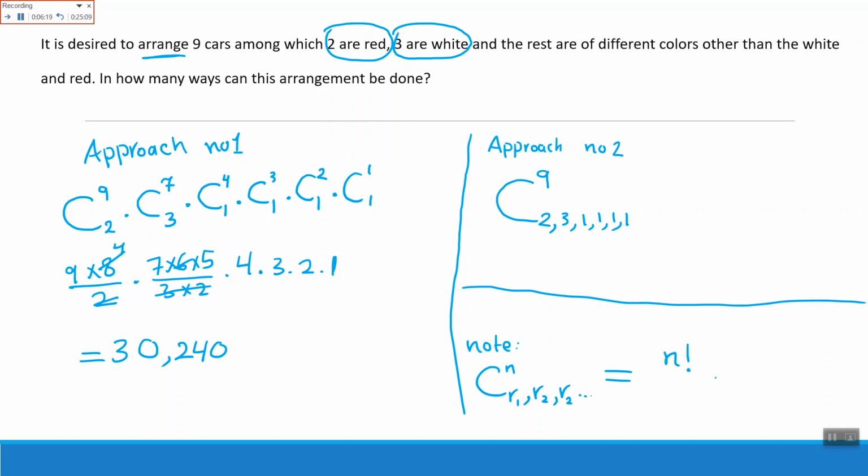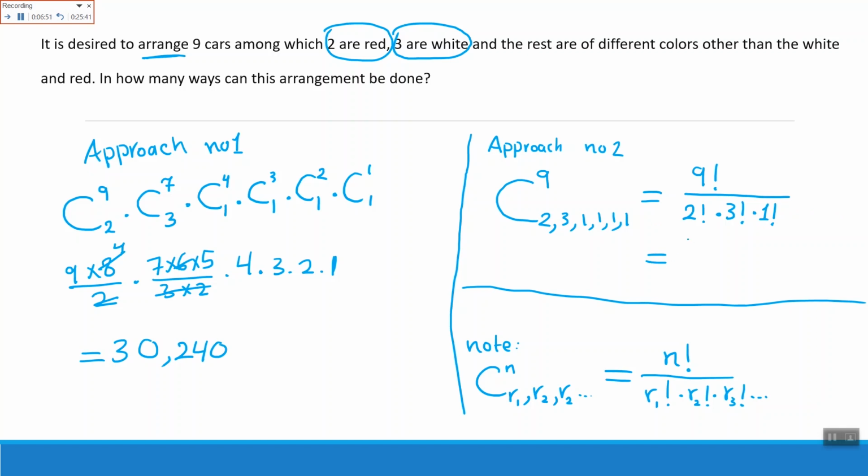It's n factorial over r1 factorial times r2 factorial times r3 factorial and so on. So what do we mean by that? This is equal to 9 factorial over 2 factorial times 3 factorial times 1 factorial. How much is 1 factorial? It's 1. So 1 factorial, 1 factorial, 1 factorial, 1 factorial does not matter.